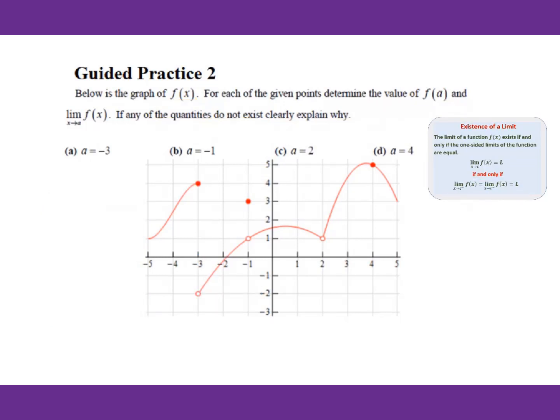Now, for b, a equals negative 1. We will work out f of negative 1. Negative 1 is here. This is a closed circle. Therefore, f of negative 1 equals negative 3. For the limit as x approaches negative 1 from the left side, this is your graph, approaching negative 1, you will get 1.